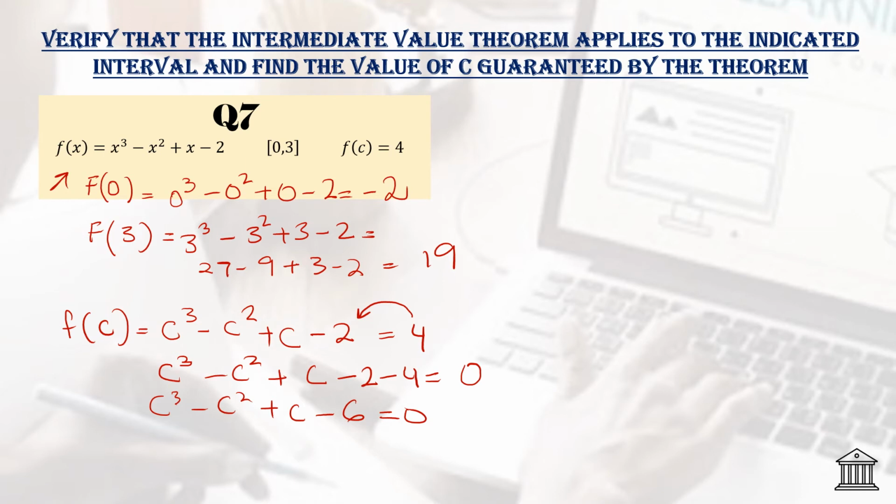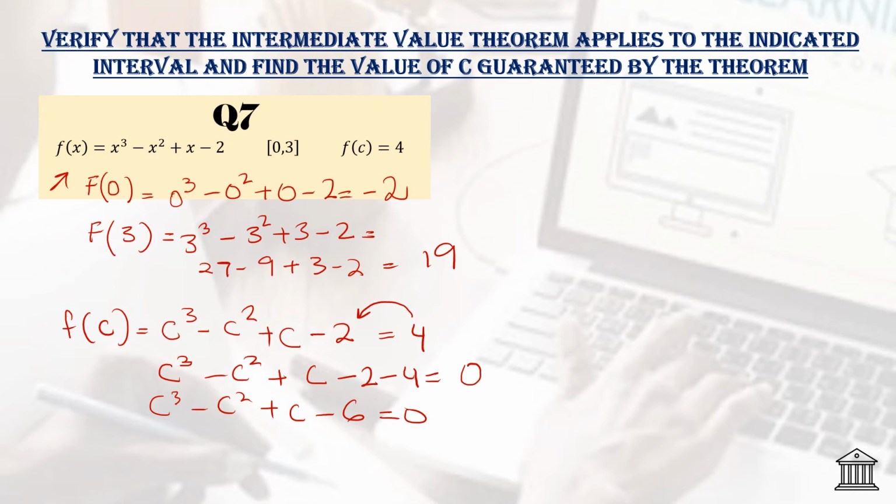Now let's factor them and check what the value of c will be. You can use the graphing calculator and you can also do it manually. Right now I am doing it with the help of the graphing calculator.